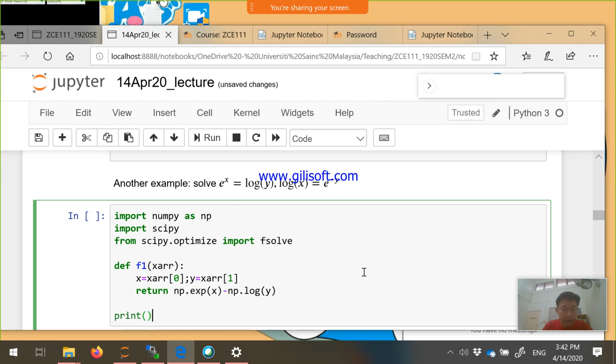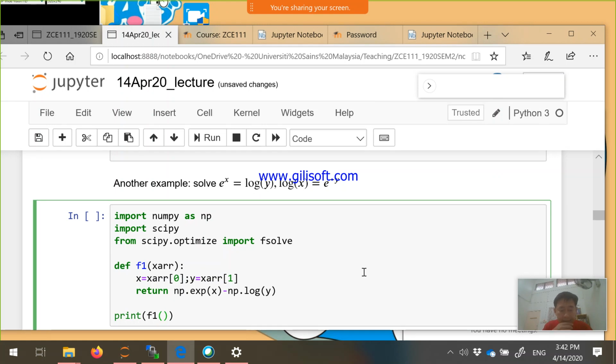So you can try to print out the values of f1, which is a function. f1 with a function, curly bracket. What goes into the argument of the function should go into this bracket, so in this bracket I have to supply xarr.